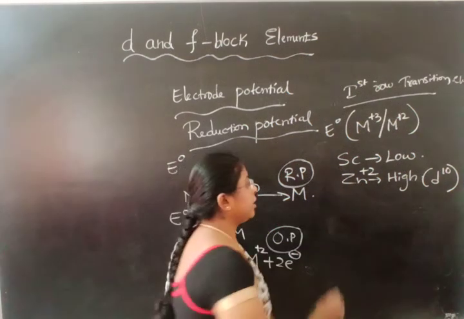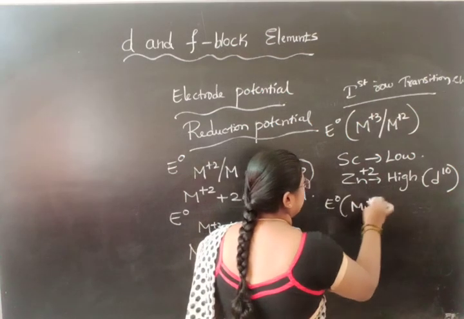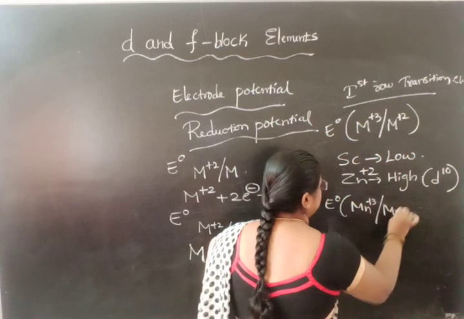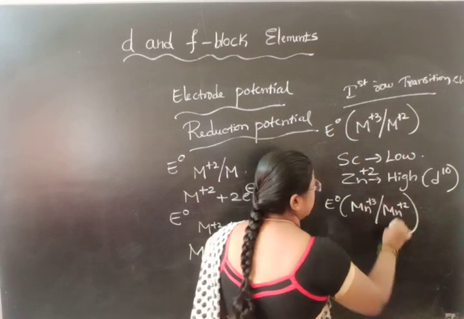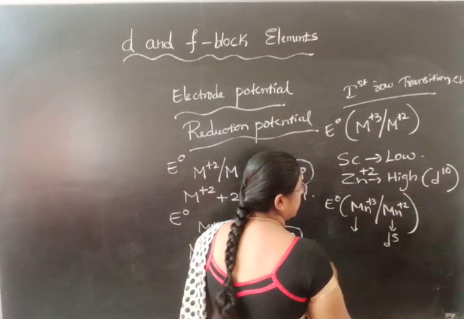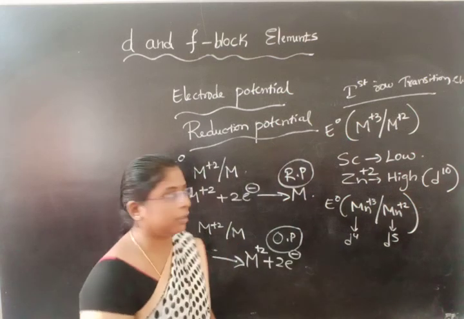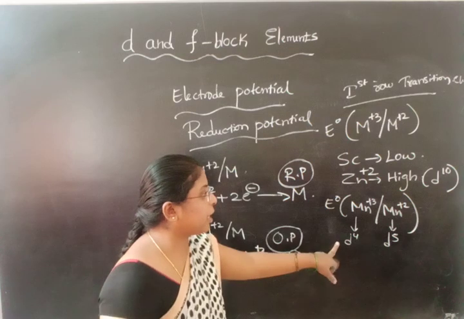Take E0 for Mn plus 3 to Mn plus 2. Mn plus 2 has D5 configuration, and Mn plus 3 has D4 configuration. So what happens here?